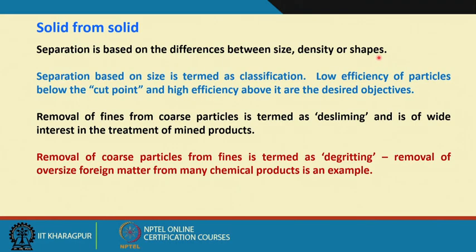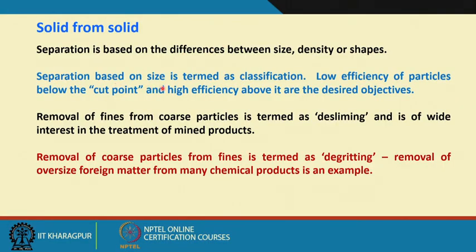Many times you can also use it for separation based on shape, but it is not a preferred equipment, and it is not that frequently used in the mineral processing industry for separation based on shapes, whereas in other industries like the food processing industry, they are using cyclones for separation based on shapes.